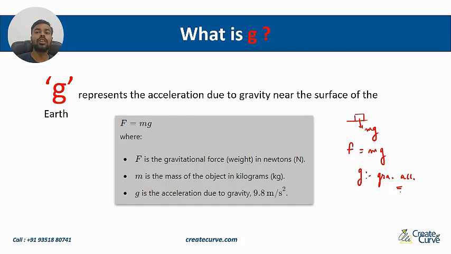The value of this small g is not constant. It varies, but near the surface of the earth, g is approximately equal to 9.81 meter per second square. You can also verify that the unit of small g is meter per second square, which means it is not a force, it is an acceleration. So whenever you have to find the weight of any object, you can take small g as this value. Okay.